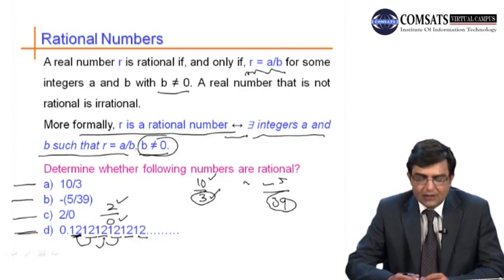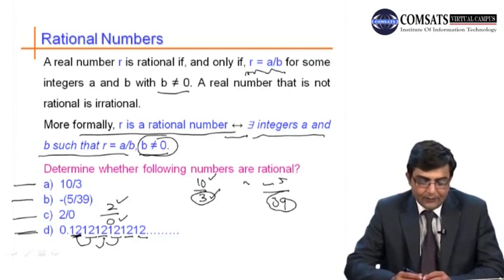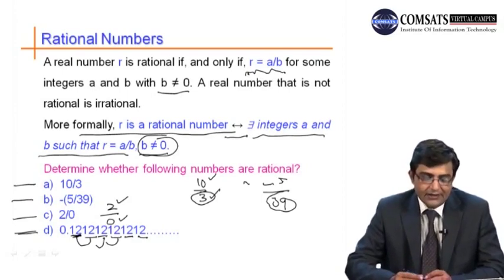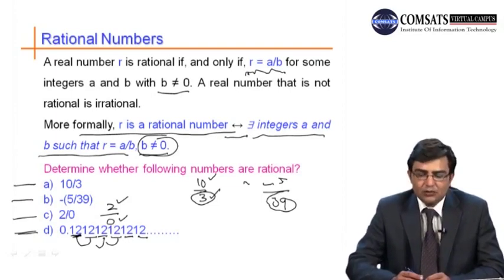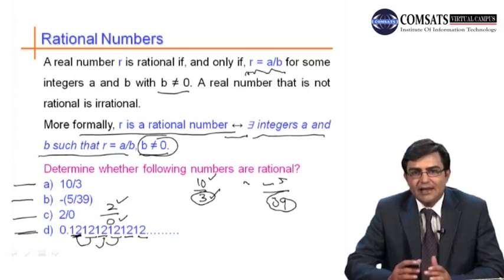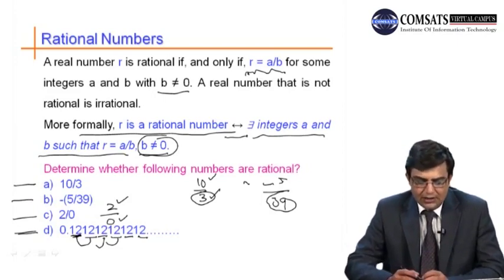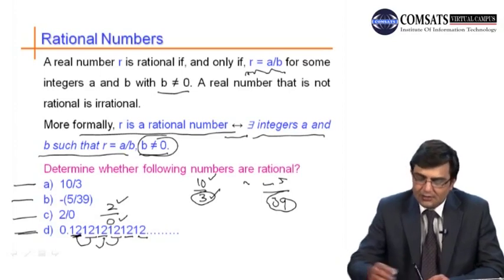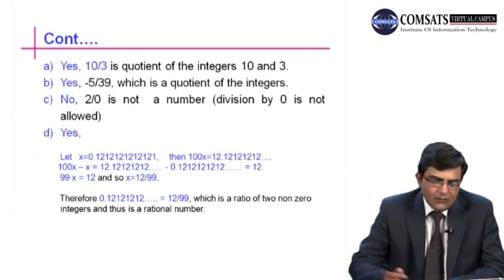How can we prove it, or see whether this number satisfies both the conditions imposed in the definition of a rational number: that it must be the quotient of two integers a and b, and the number in the denominator b must not be 0.